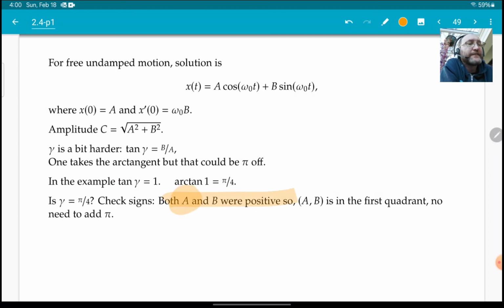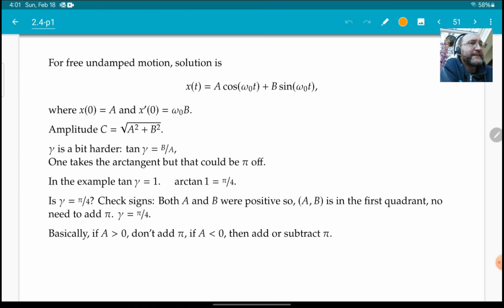Really, what's important is that a is positive. So a, b is in the first quadrant, so we don't need to add pi, and gamma really is pi over 4. Basically, if a is positive, you don't add pi. If a is negative, you add or subtract pi. Either one will do.